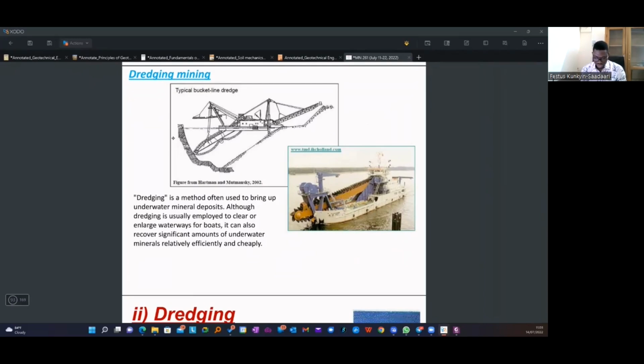So dredge mining is a method often used to bring up underwater mineral deposits. Although dredging is usually employed to clear or enlarge waterways for boats, it can also be used to recover significant amounts of minerals. Just like I was saying, the term dredging can be used for any purpose.